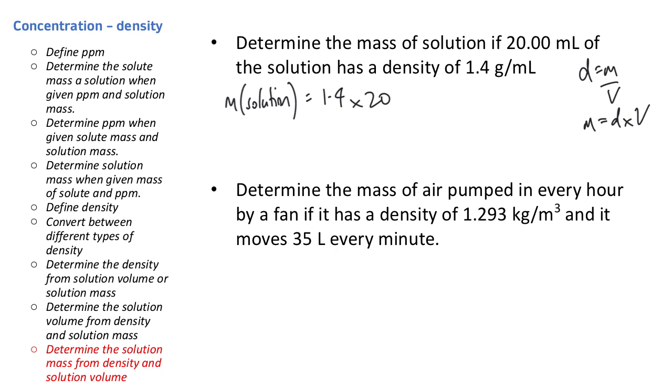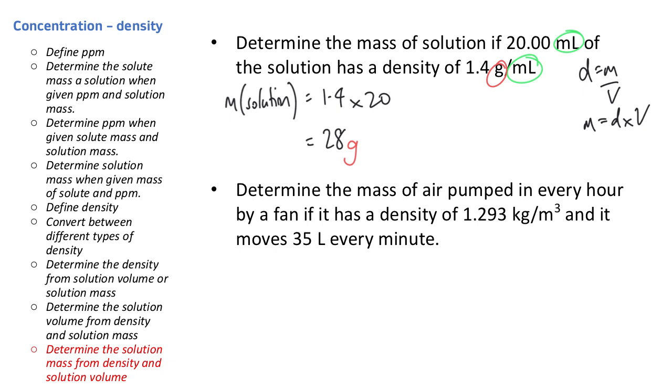I don't even need to convert because it's already in the correct unit. So it's 1.4 times 20, which is equal to 28. What's the unit that this is going to be? Well, it's a mass unit, and it has to match the unit in the density, so it's 28 grams.